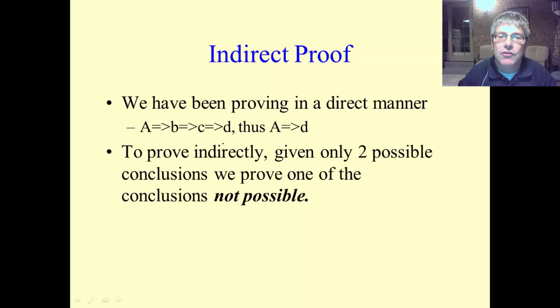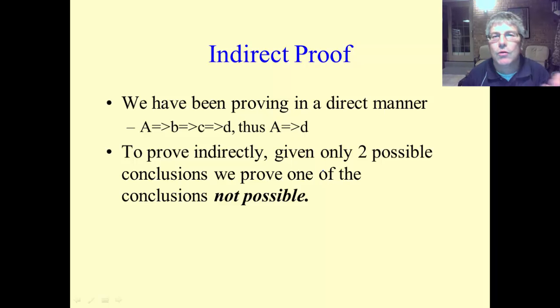To prove things indirectly, given only two possible conclusions, what we end up doing is we prove one of the conclusions not possible. By given only two possible conclusions, essentially we're saying that either something's perpendicular or it's not perpendicular. Two segments are either congruent or they're not congruent.